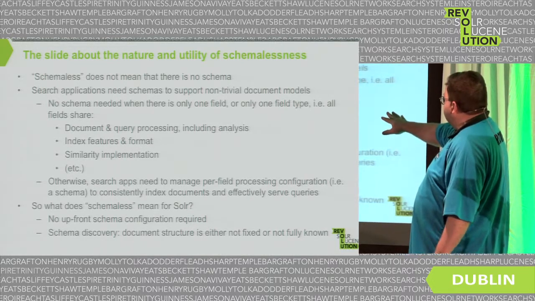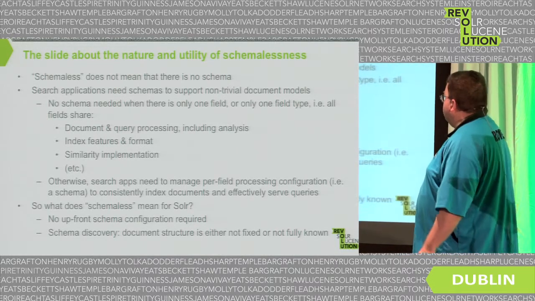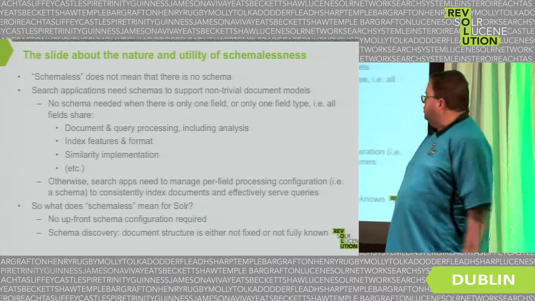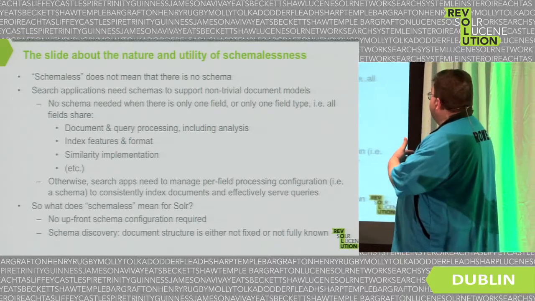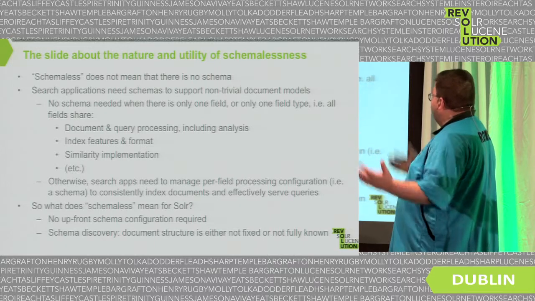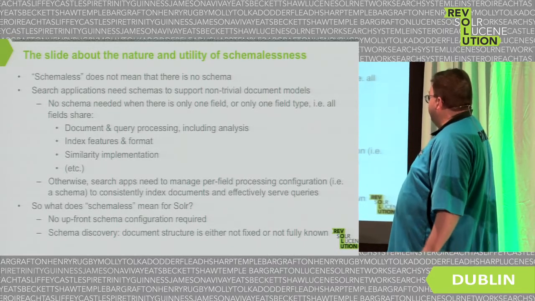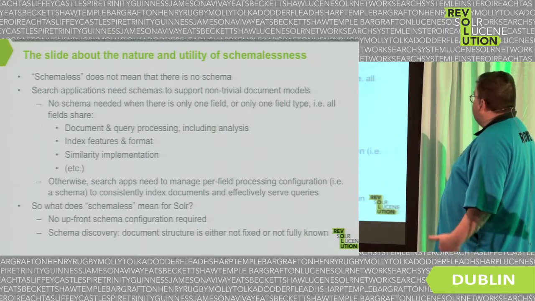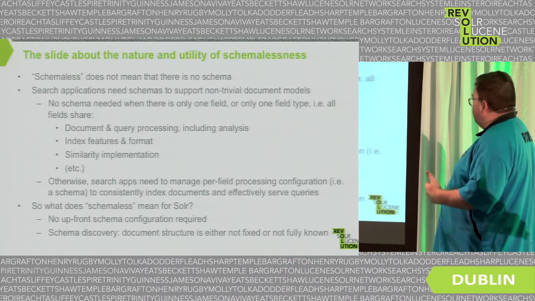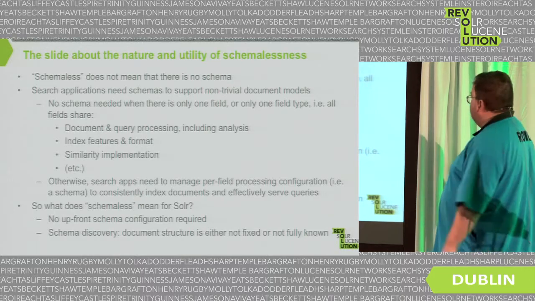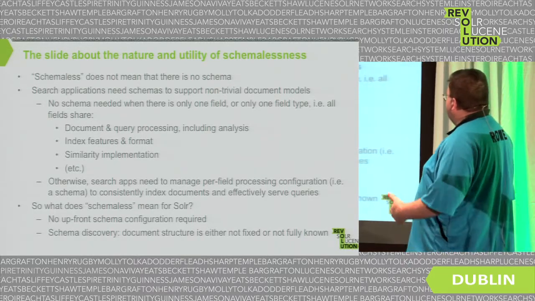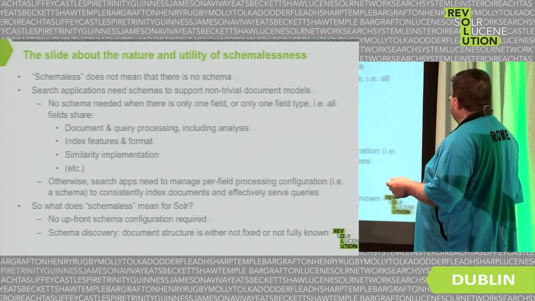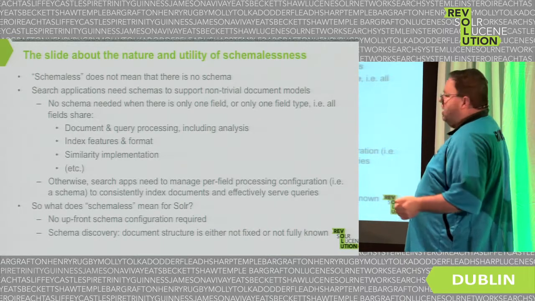So these are the things that Solr allows you to configure for field types, right? For the rest of the search apps, which is basically all real-world ones, they need to manage per-field processing configuration, and that is what a schema is. So in order to consistently index documents and effectively serve queries, you've got to have a schema.